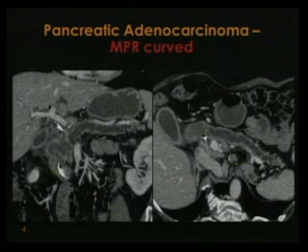But if you do a curved reconstruction like this, you can see the whole pancreas from the tail to the head in just one image. This is the same patient that we saw before. We have significant dilatation of the pancreatic duct with parenchymal atrophy, both of which are signs suspicious for malignancy, and also we have the pancreatic tumor at the head.